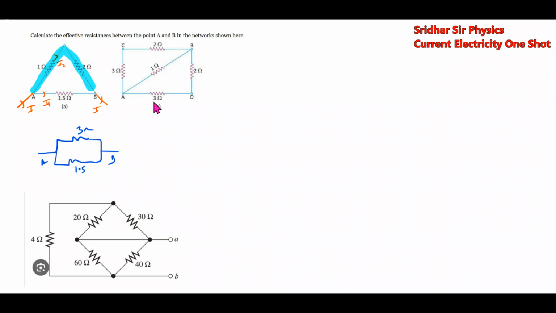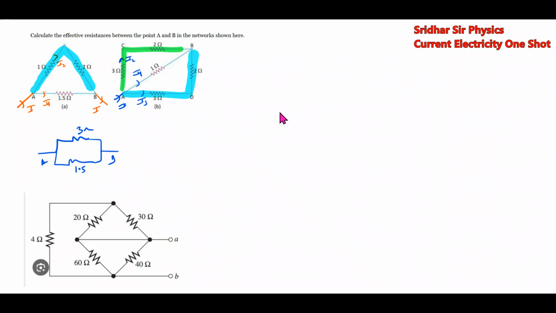Similarly, we have to calculate between points A and B. So current will enter here, here I1, I2 and I3. These two are in series. These two are in series and the effective is in parallel.